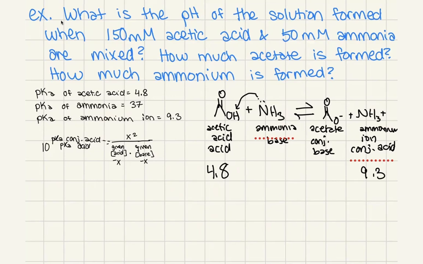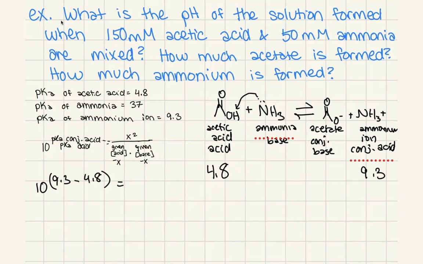Okay, so now we're just going to plug and chug. So we have 10 to the pKa of our conjugate acid, which is going to be that 9.3, minus the pKa of our acid, which is 4.8.